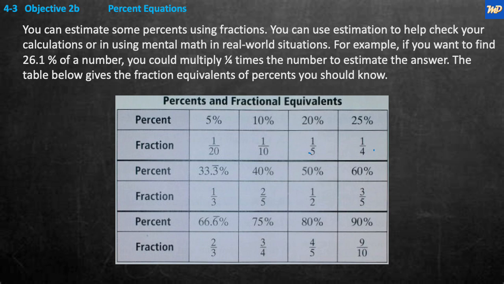25% is 1/4. How about 33.3%? It's 1/3. And that shows the line over the top here, because that 0.3 goes on forever. You know what that means. 33.3 forever is 1/3. 40% is 2/5. If 20% is 1/5, 40% is 2/5. 50% is 1/2, and we all know that 50 cents is half a dollar. 60% is 3/5.